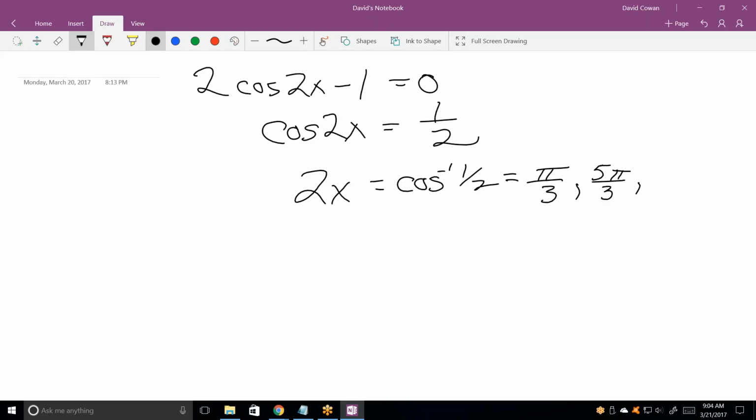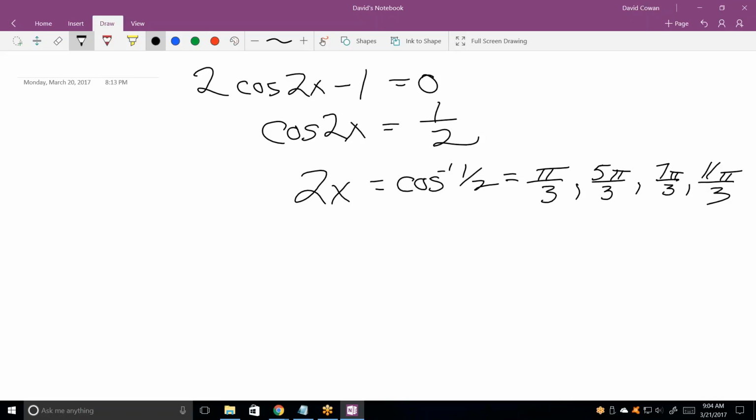To get the rest of them, add 2 pi to your first one. Those are the two answers in the unit circle. So the next is 7 pi over 3, and 11 pi over 3. And we do indeed see a sequence.